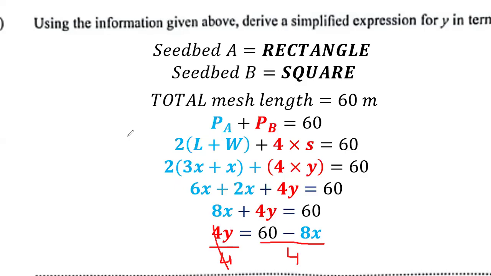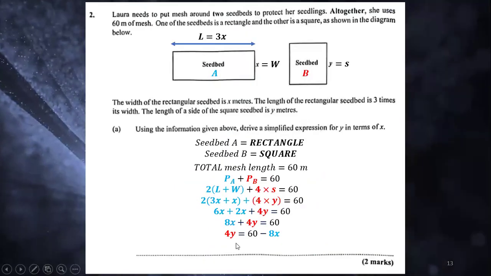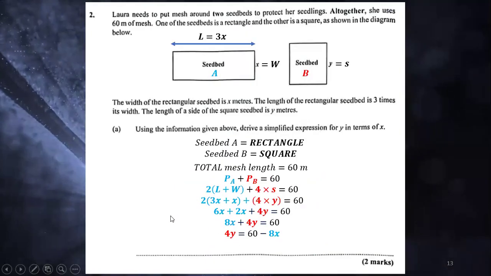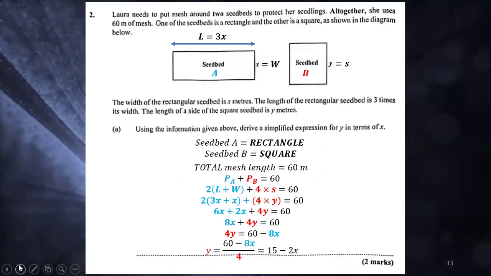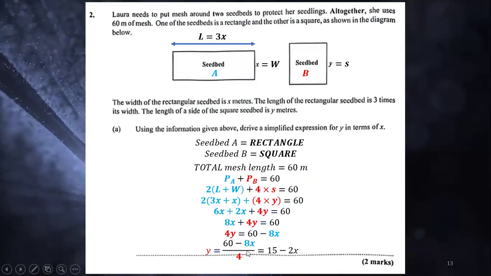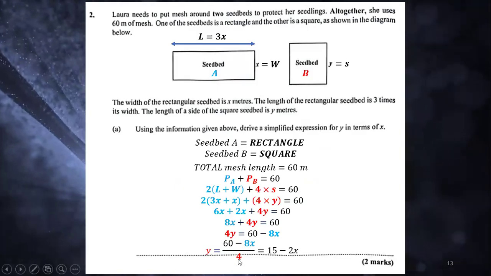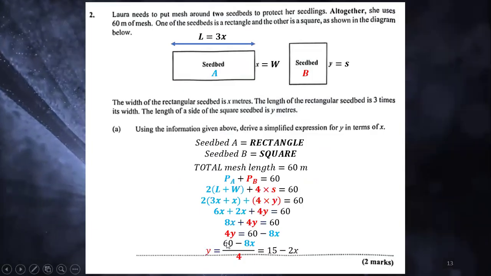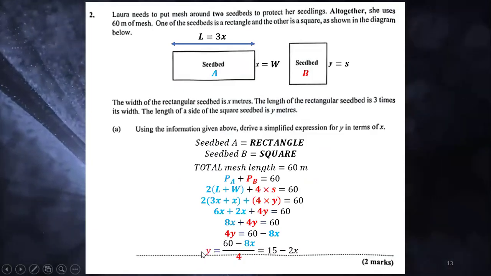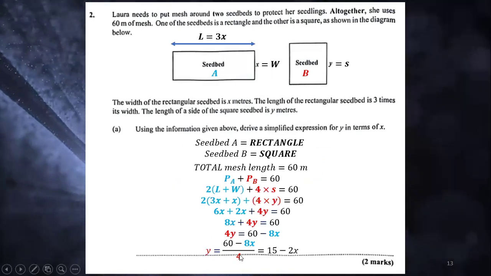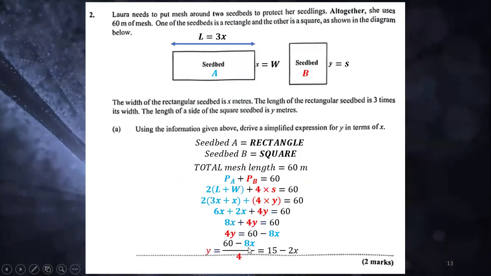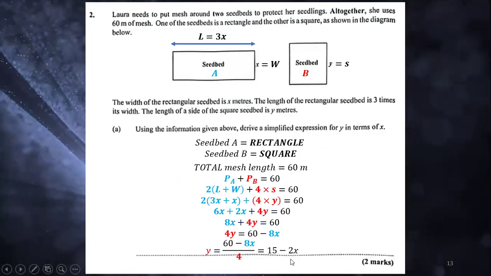Okay, great. So let's do just that. We're going to put the 4 underneath here, and it's going to look like this. y is equal to 60 take away 8x over 4, right? So the 4 cancels with this 4 already. That's why I have y left by itself. And I have everything on this side divided by 4. So it's going to be 4 into 60 and 4 into 8x. And that's how I got 15 minus 2x.